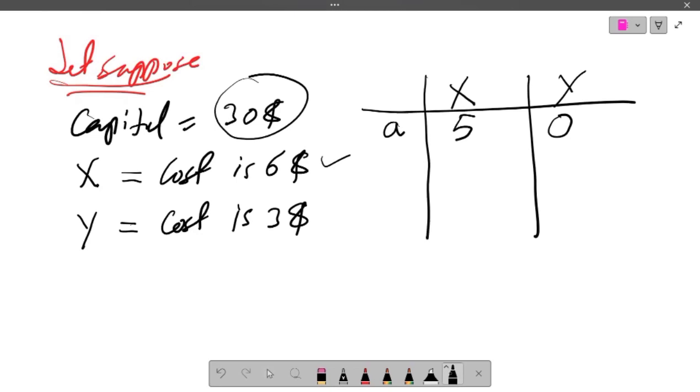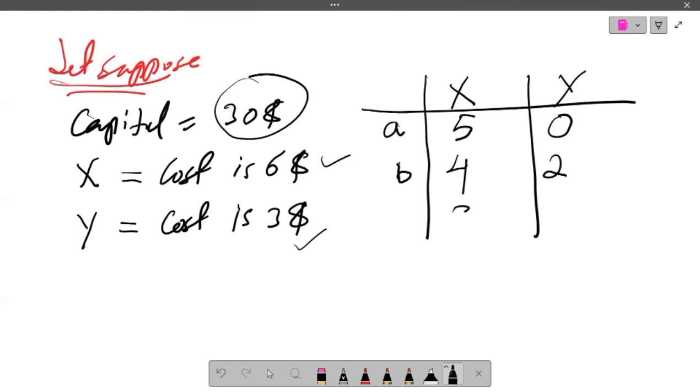But if the market is growing for Y, we have to sacrifice 1 unit of X in order to gain how many units of Y? You can say 2 units of Y. How? Because for 4 units of X we spend $24. But Y costs $3, so $6 is left, and we can produce 2 units. So this is our second possible combination.